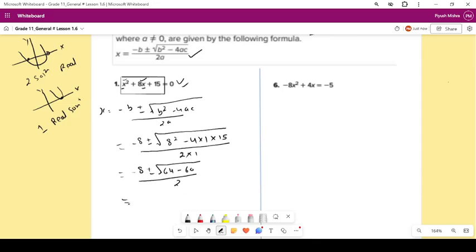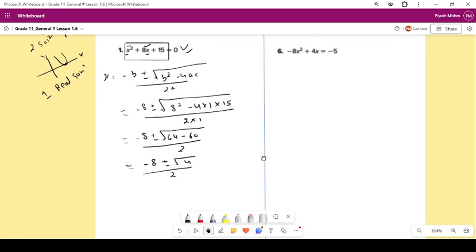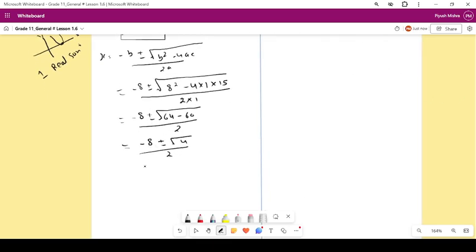Solve it further: minus 8 plus minus square root of 4 by 2. Further, minus 8 plus minus, and you know the square root of 4 is 2, by 2. One time I will take plus and one time I will take minus.